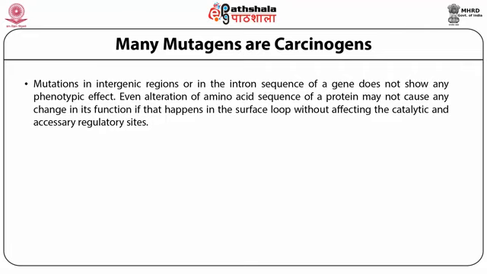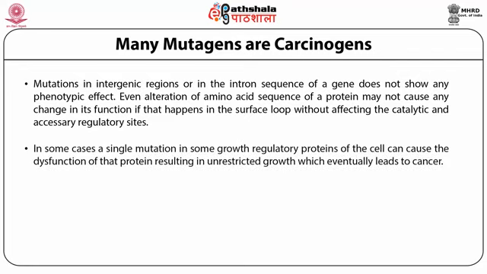Even alteration of the amino acid sequence of a protein may not cause any change in its function if that happens in a surface loop without affecting the catalytic and regulatory sites. However, in some cases, a single mutation in some growth regulatory proteins of the cell can cause dysfunction of that protein, resulting in unrestricted growth, which eventually leads to cancer.